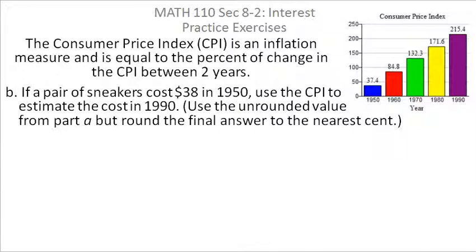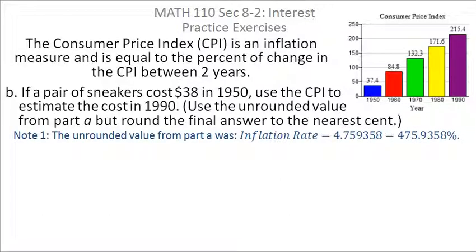So since they wanted us to use that answer from part A before we rounded it off, I'll remind you what it was. That's the inflation rate that we calculated earlier, and if you don't remember, you can look back. That's what we got before we rounded, and that's what they want us to use.